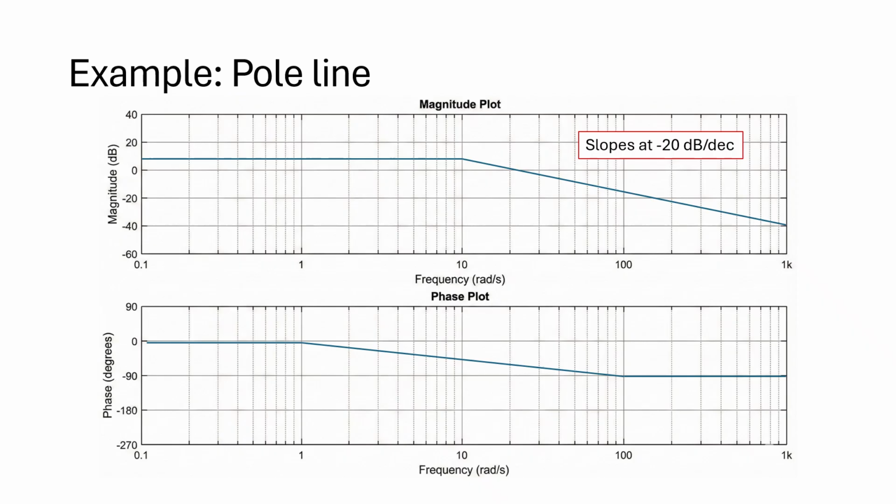And for the phase of that pole, we can see that it is 0 up until omega equals 1, and then it decreases at negative 45 degrees per decade until it hits negative 90 degrees at omega equals 100.